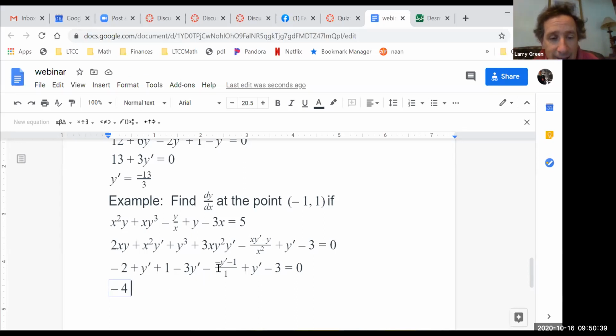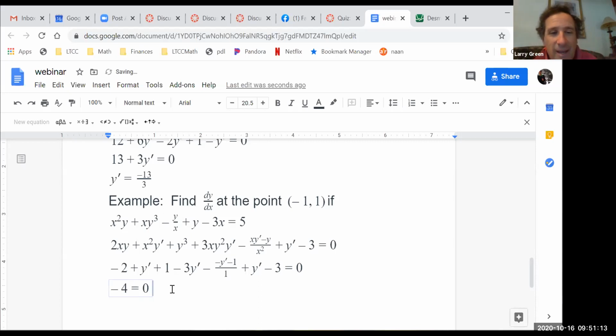And then minus a minus y prime. And what do you get? We have -2y prime plus y prime, and then plus y prime. So how many y primes do we have? None. So we get -4 equals 0.